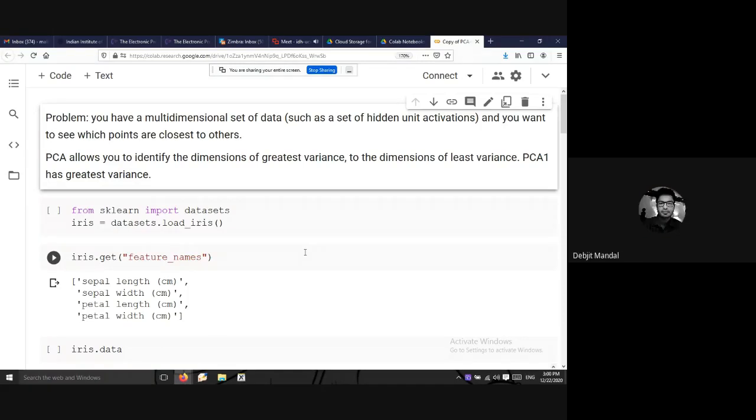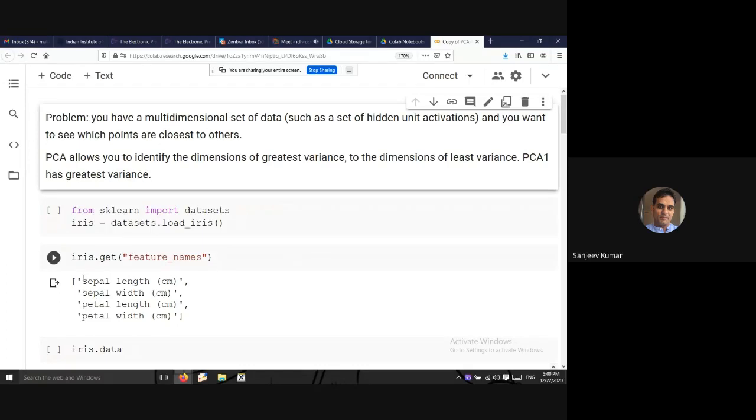So actually what is the problem? Here I am having a data set of flowers, iris flowers. These flowers are coming from 3 different classes, 3 different categories, species or whatever you want to say.